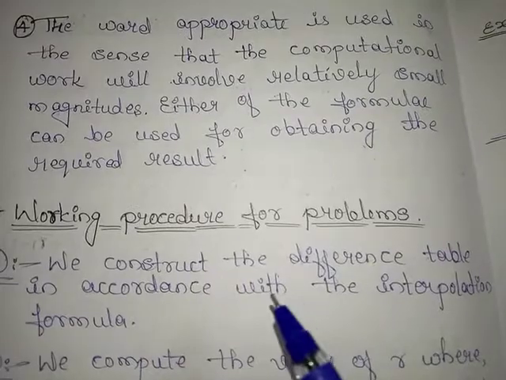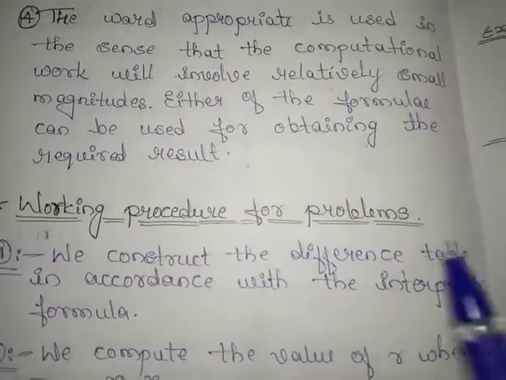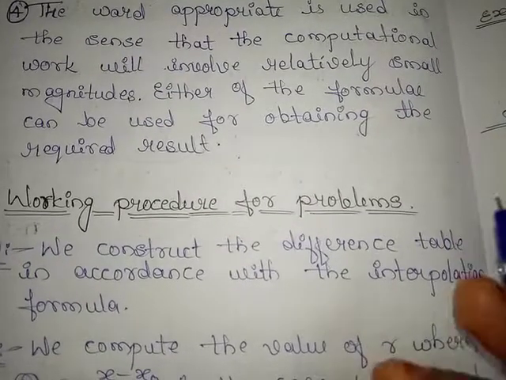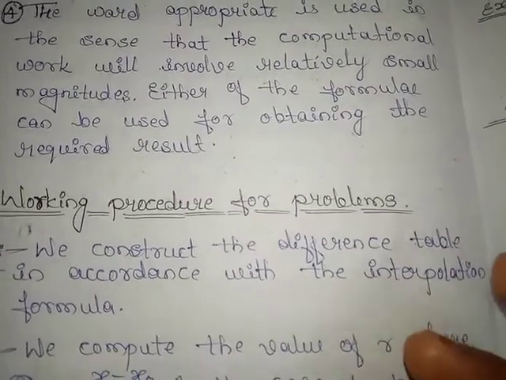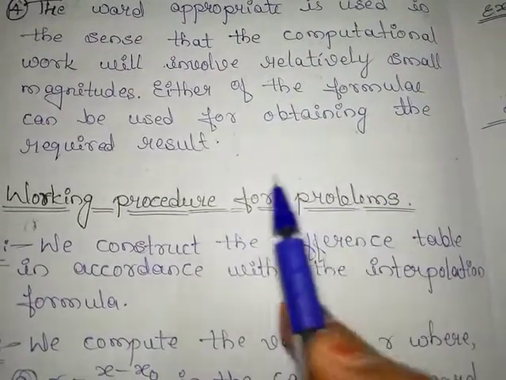Either of the formulae can be used for obtaining the required result. Means we may use forward or backward interpolation formula for any desired value of x. It is not necessary that we have to use the forward.